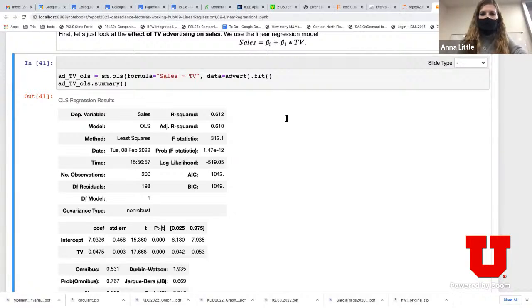Okay, let me see. Is there a good way to ensure that you are not accidentally mistaking correlation with causation when using linear regression? There is not. That's a great question, and there is not a good way to do that. You have to look closely at how the data was collected and what the underlying process is.